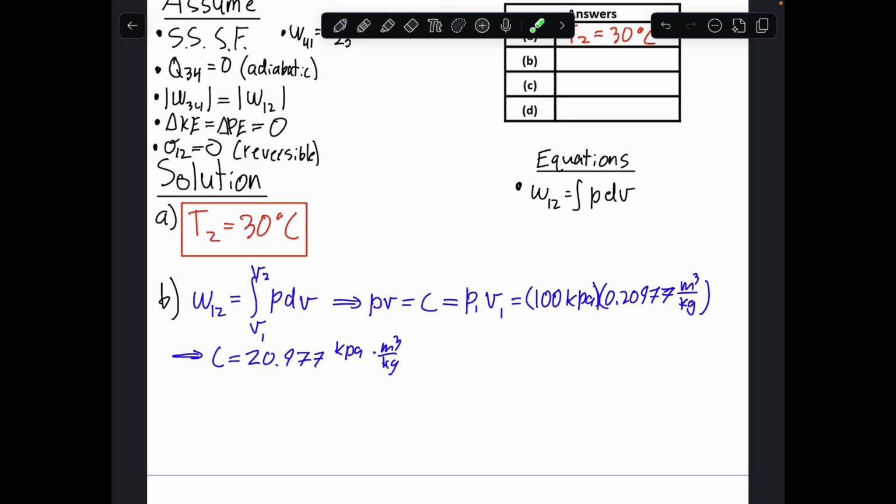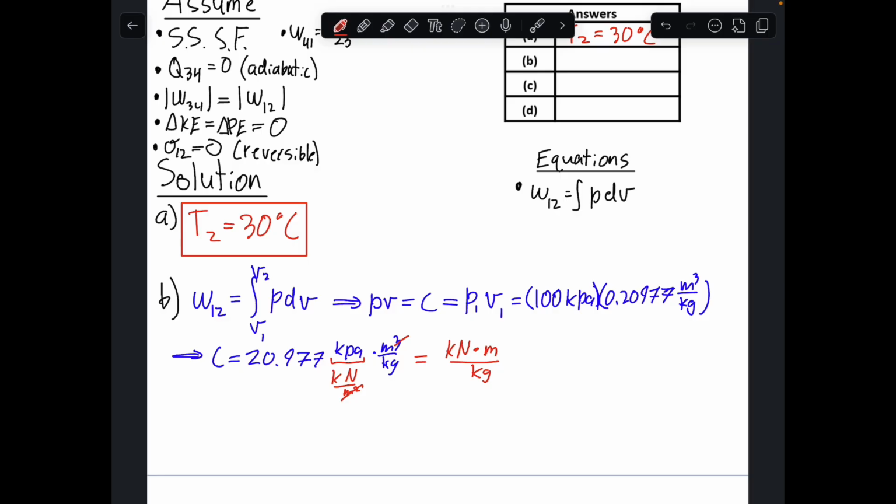And here, I think it's useful to simplify out our units right now because that's going to be useful for us later. I'll just do this in red here. kPa we can write as kilonewtons per meter squared. And if we do that, then our meters squared cancels with this meters cubed, and so we get kilonewtons times meters divided by kilograms.